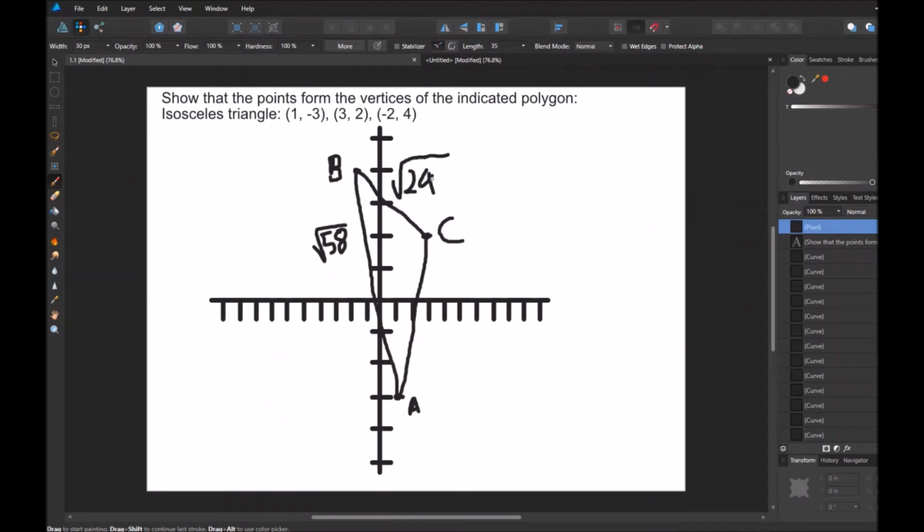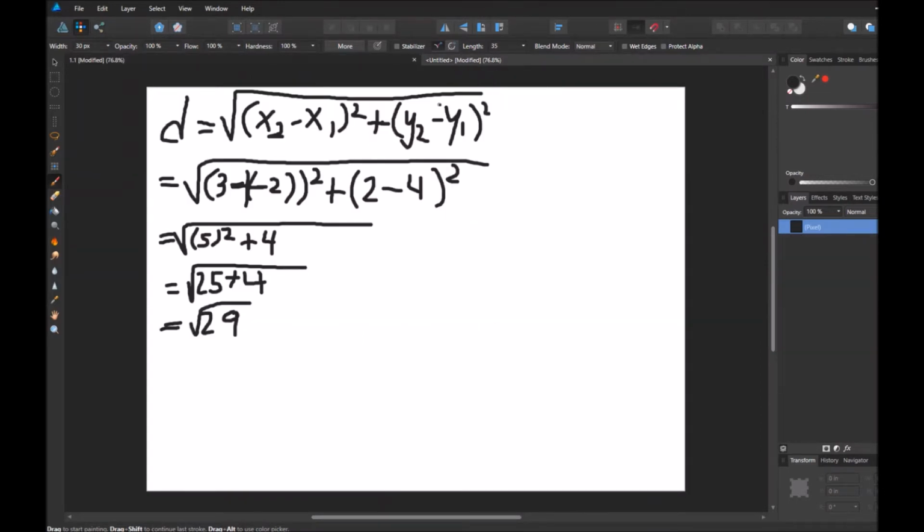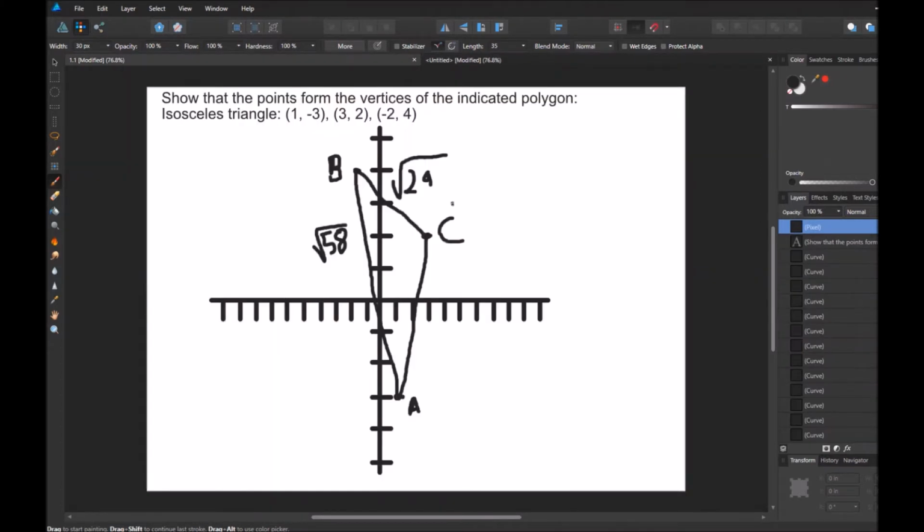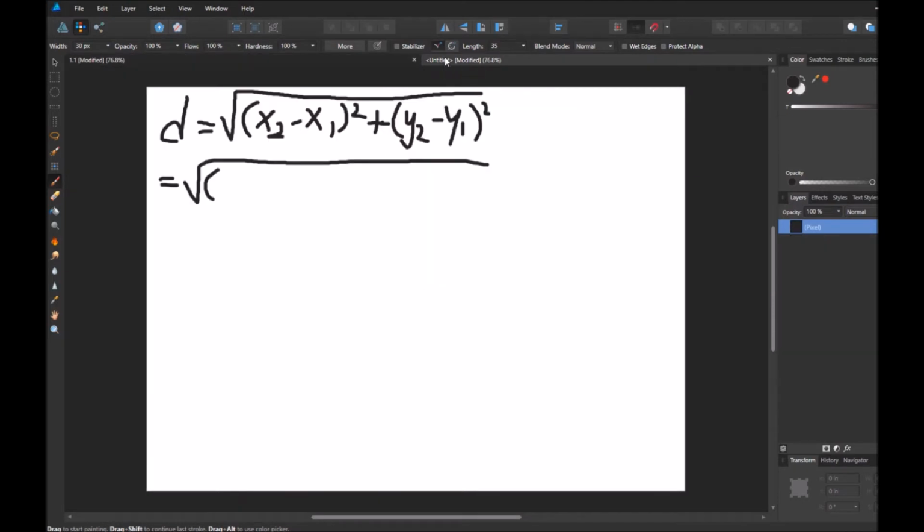So if we've done this problem correctly, the distance between point A and point C should either be the square root of 58 or the square root of 29. So now our x2 is going to be the x value for C here, which is 3.